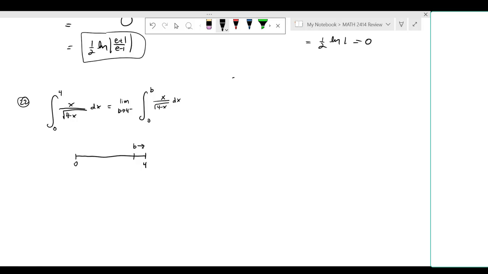And then we consider the antiderivative here. I think that's just a simple u sub. Oh, that's a pain though. Okay.